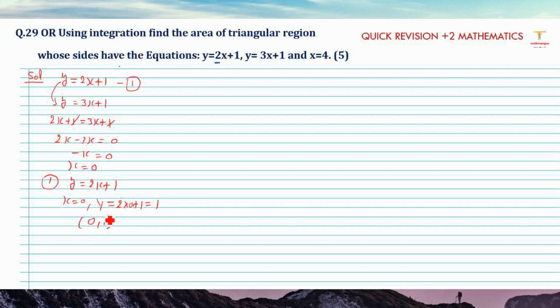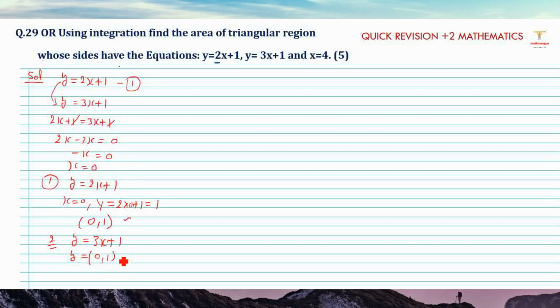Now you just take the second equation, children. The second equation here, you see, is y is equal to 3x plus 1. So here if you put the value of x as 0, y comes out to be 1, so (0, 1). So it is clear that both these equations are passing through this point, (0, 1).